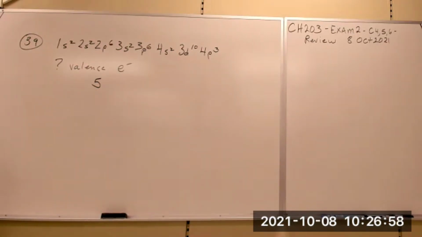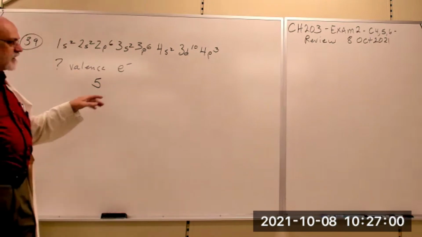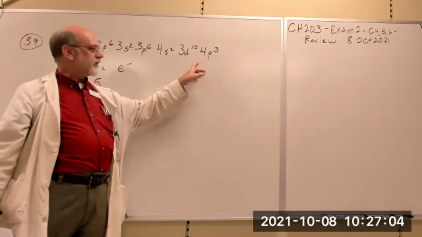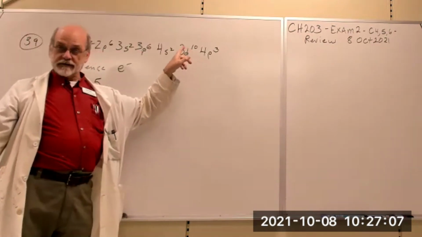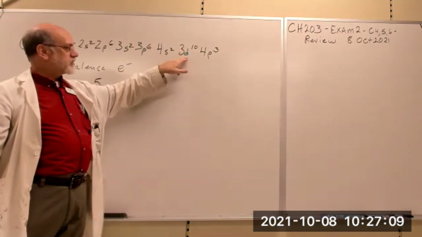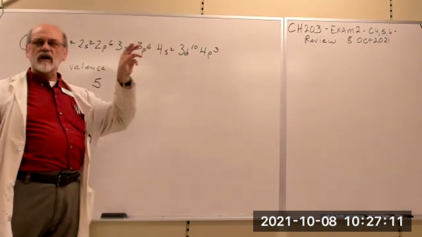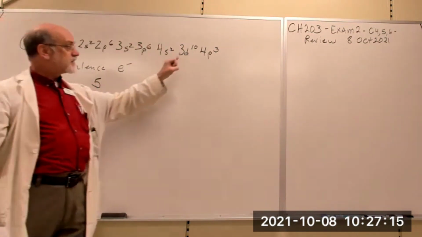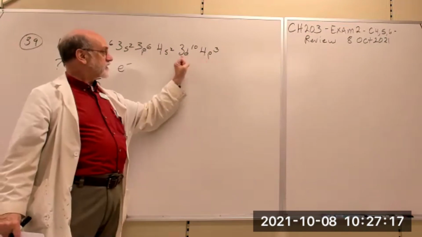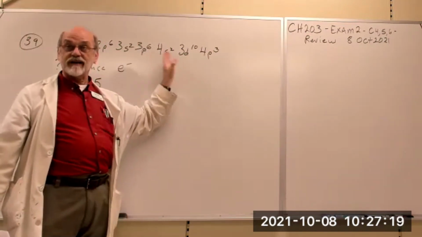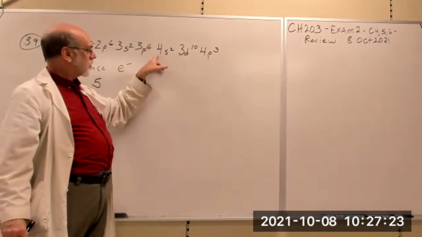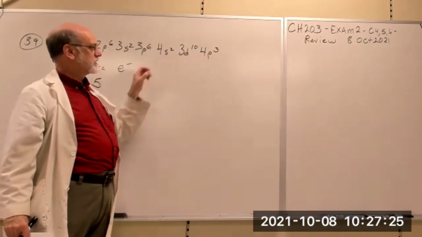Okay. The confusing part here is to pull those 10 in with these also. But these are not valence electrons because this is a lower energy state. It's a lower principal quantum number, I should say. Actually, this is a lower energy state than that one, and it's a higher energy state than that one. That's why we write it in that order. But when we're talking about valence electrons, we're talking about principal quantum numbers.